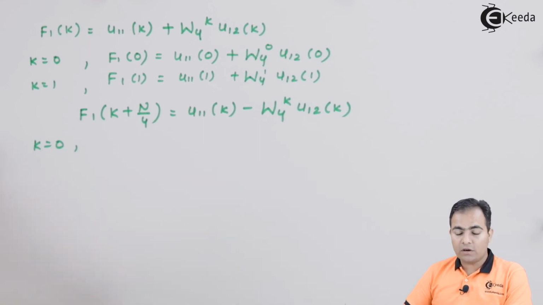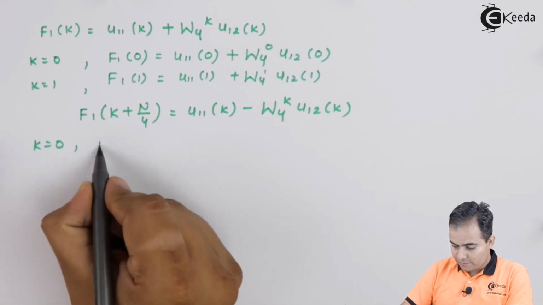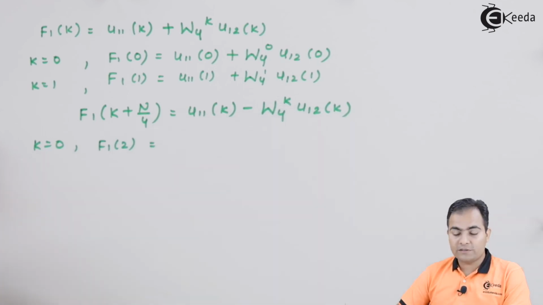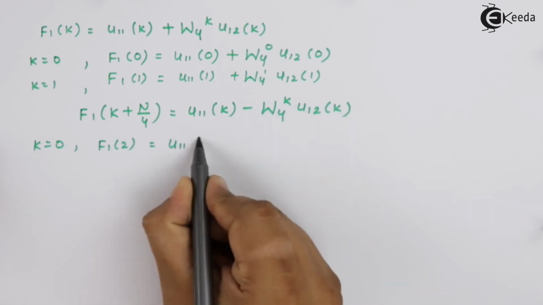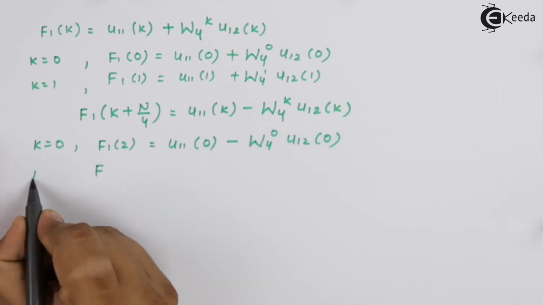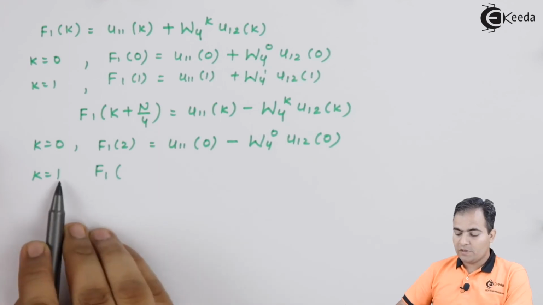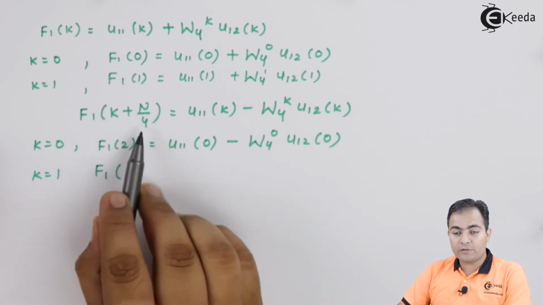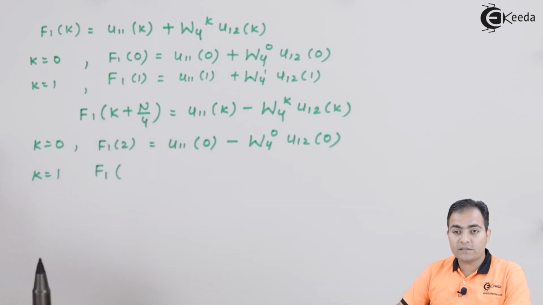The answer will always be f of, with all this k replaced by 0. So what is my equation? Now if I add 1 over here, then 1 plus n by 4, that is 8 by 4 which is 2, so 1 plus 2 is 3.